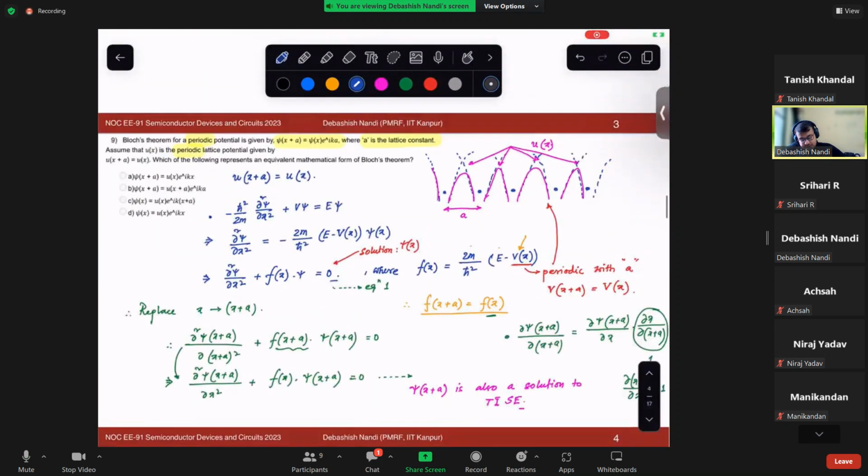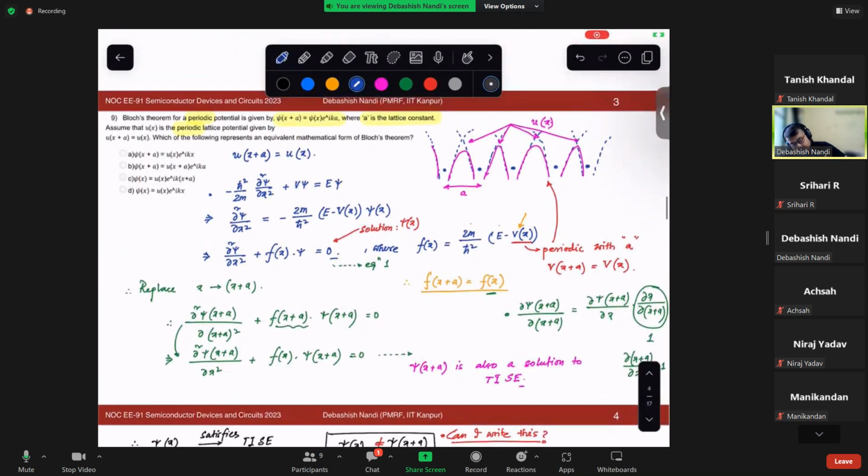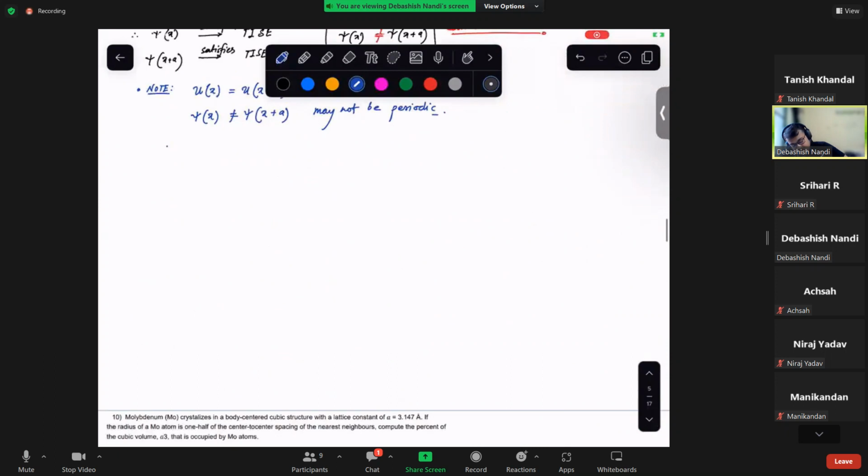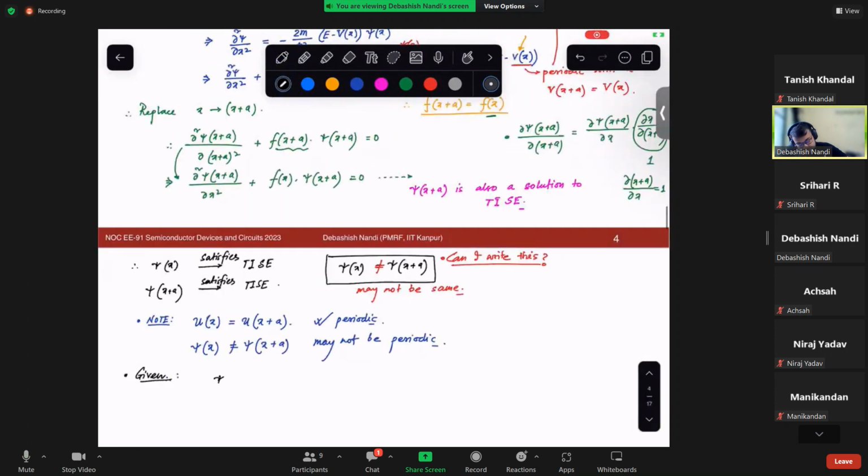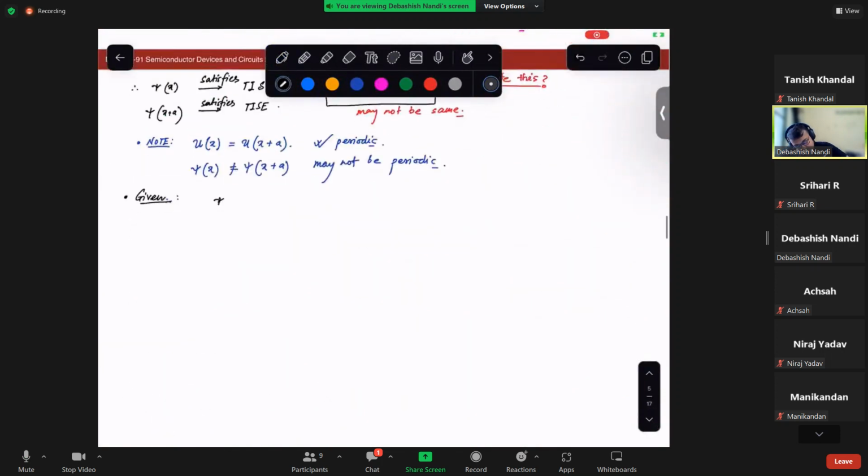Now as far as the question goes, it is given that psi of x plus a is equal to e to the power i k a into psi of x, right?